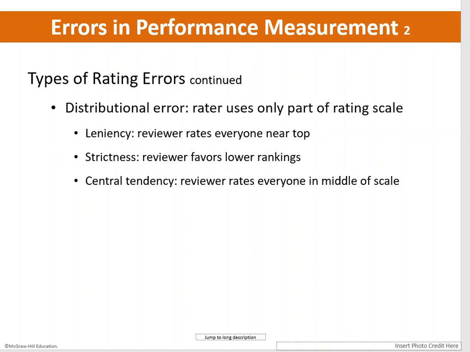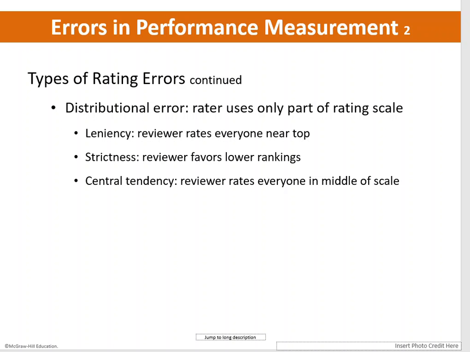I can have a distributional error. The rater uses only part of the rating scale. And there are different ways this can work. It could be leniency, that I grade everyone at the top. I want everyone to be my friend. I don't want to see bad in anybody. I'm going to be very lenient in my ratings. It can go the other way, strictness. The reviewer favors lower rankings.